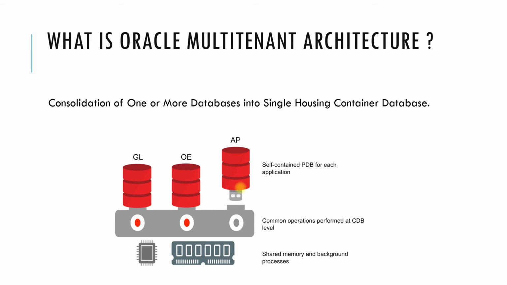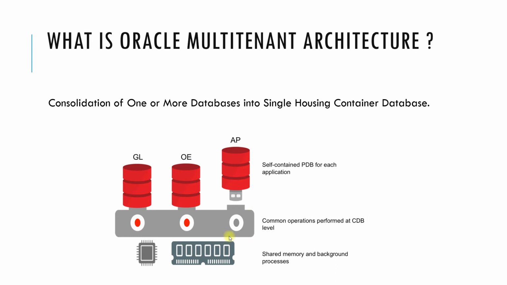If the application team wants to connect to the database, they will connect directly to the pluggable database. They won't be connecting to the CDB or CDB root. So again, I'm repeating: when we install a multi-tenant database, there will be a container. Underneath it, there will be a CDB root.